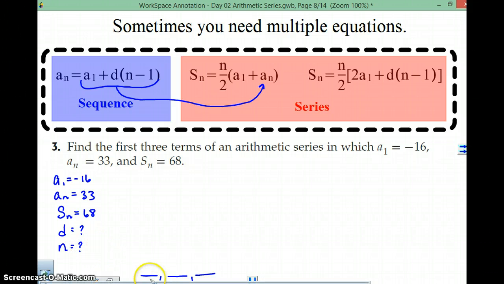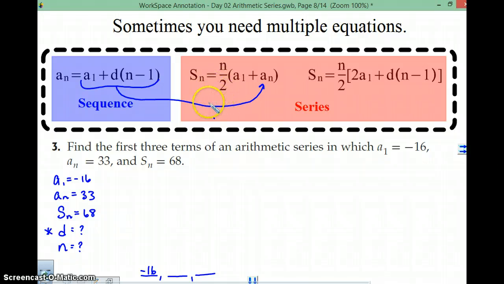Okay. To find the first 3 terms, well, the first one we know. We can just write negative 16 in right there. How are we going to find 2 and 3? What do we need to know? We definitely need to know the common difference. That's what we're looking for. Let's write these equations out. S sub n, it's already written above, so we'll just use it.